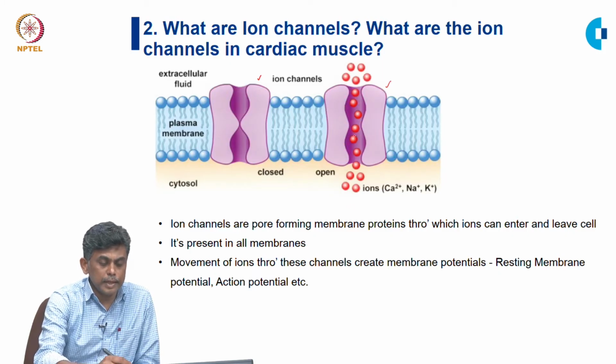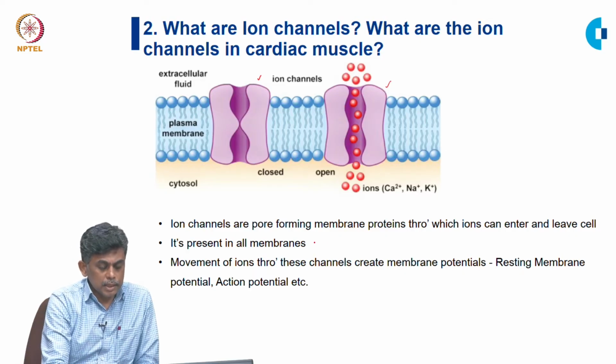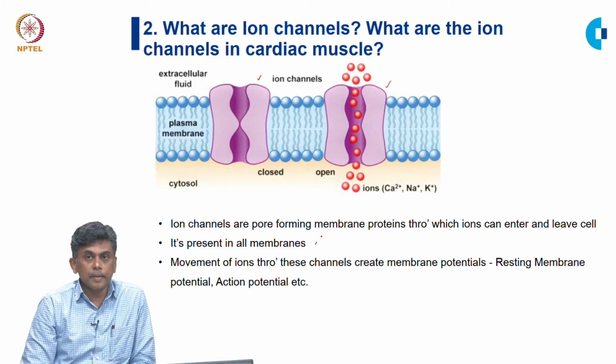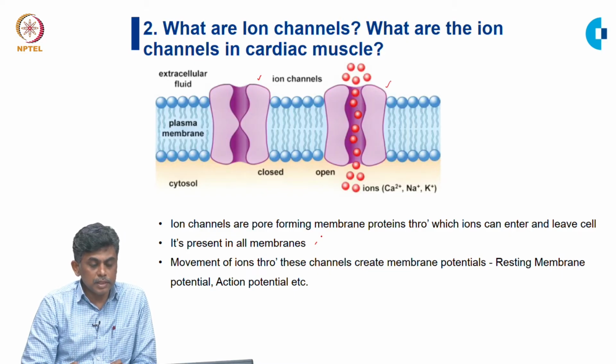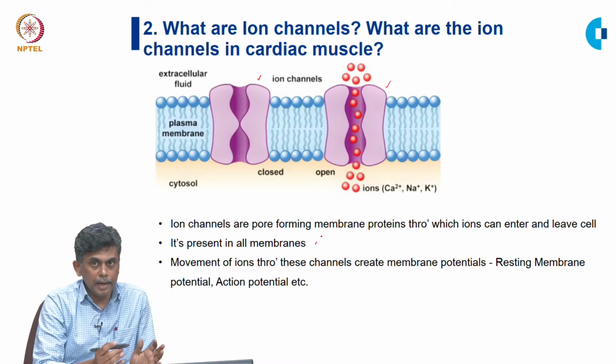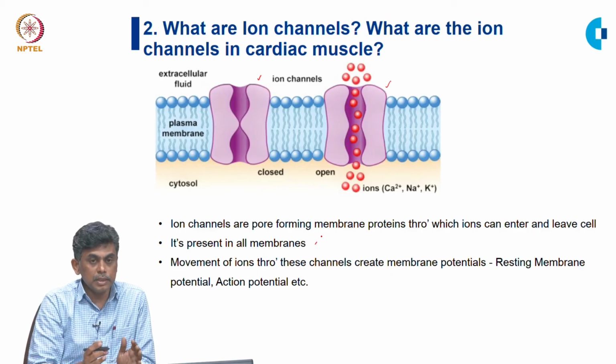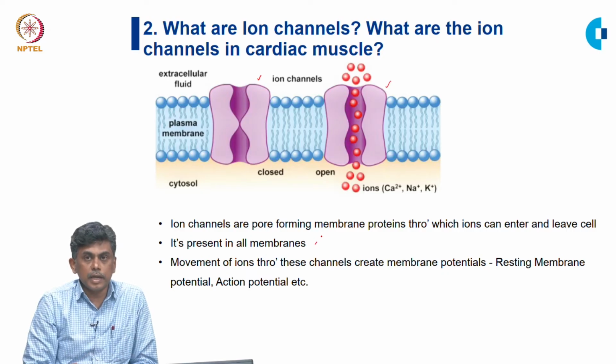The ions move in and out through these ion channels, and these ion channels are present in all membranes. Because these ions are electrically charged, their movement creates membrane potentials, and there are different types of membrane potential. Mainly what we are thinking about is the resting membrane potential and the action potential. These are mainly affected by the movement of ions through these channels.